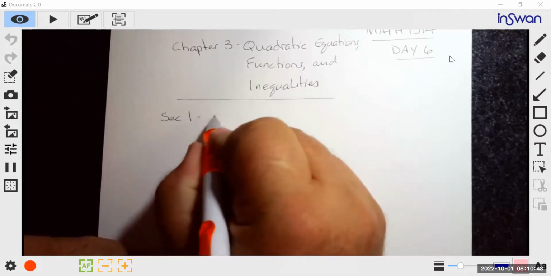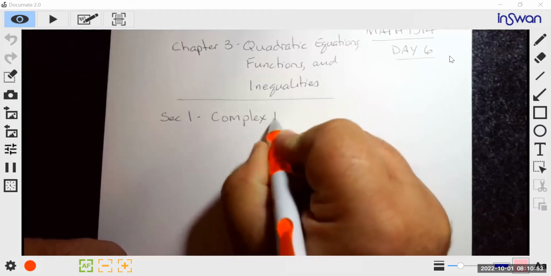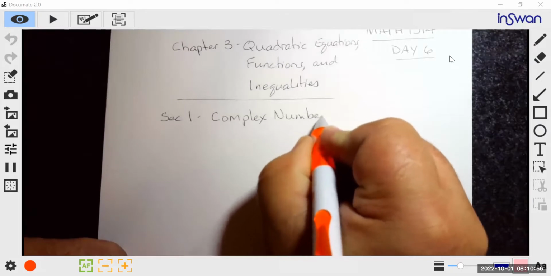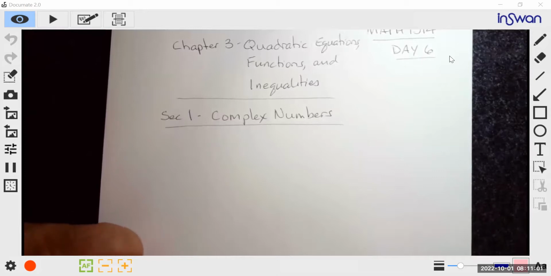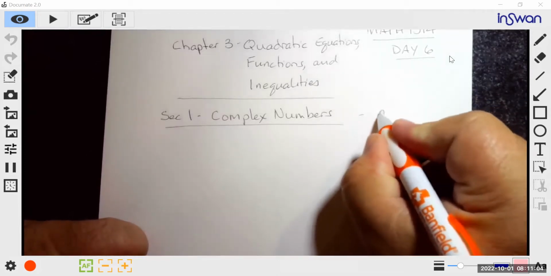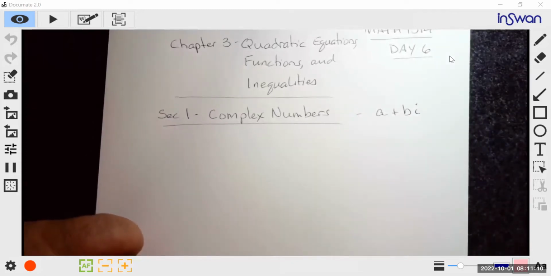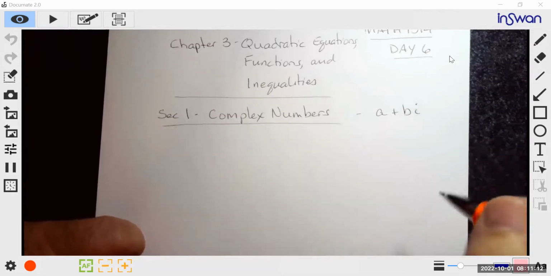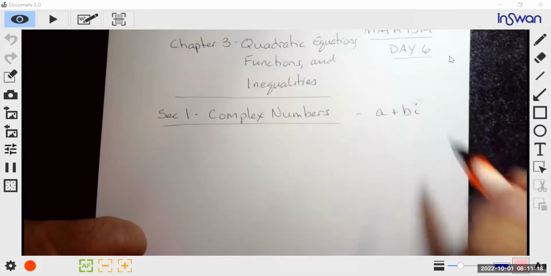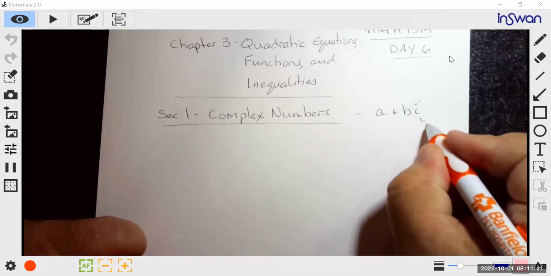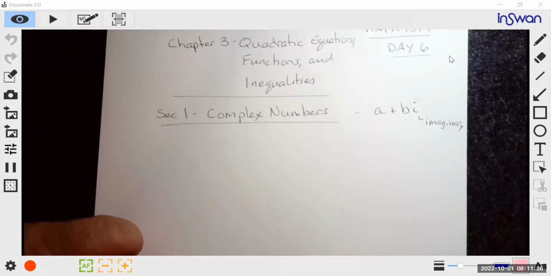All right, so in section 1, we have what are called complex numbers. Complex numbers have this form, where A and B are any integers or numbers, and i stands for imaginary.